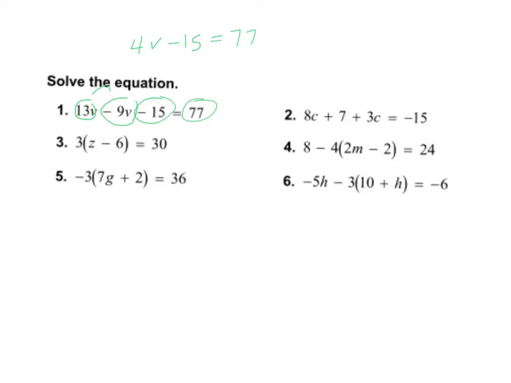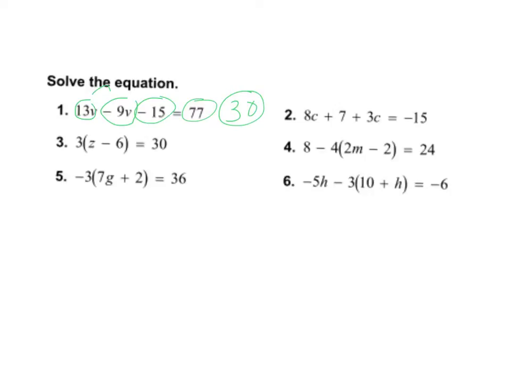And now I'm going to get rid of this minus 15 by adding 15 to both sides. So I get 4v is equal to, let's see, so that looks like it's 120. Then if I divide by 4 on both sides, I get v is equal to 30. So the first one I got 30.